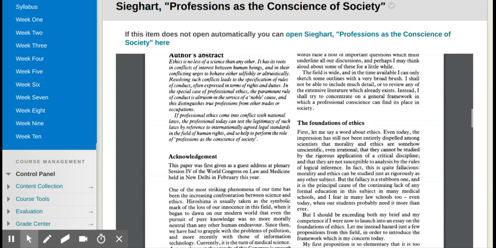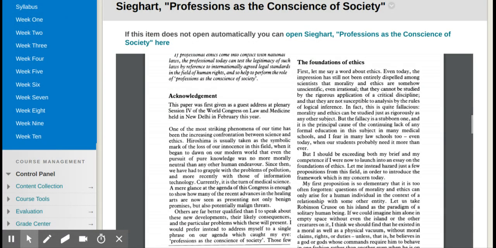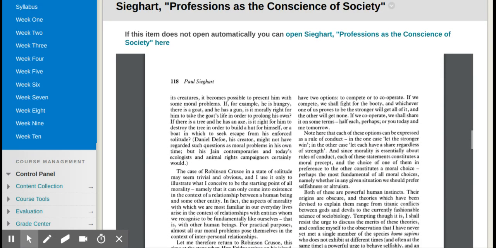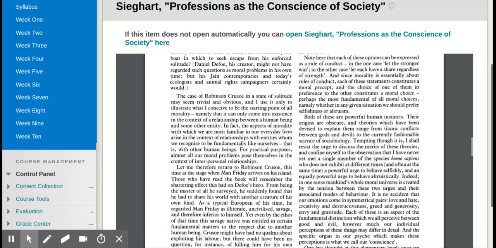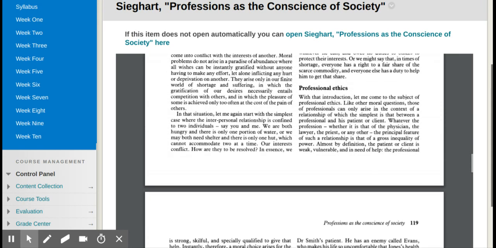And after giving us a certain theory of ethics, that ethics is founded in human relationships, and especially human relationships in which we have to make a choice between acting selfishly and acting altruistically, that professional ethics is founded upon a certain type of relationship, and that's the professional-client relationship.